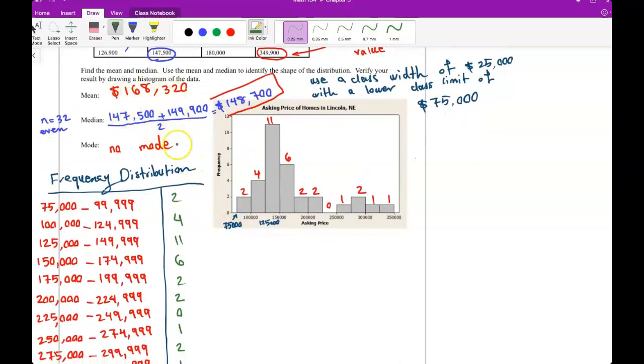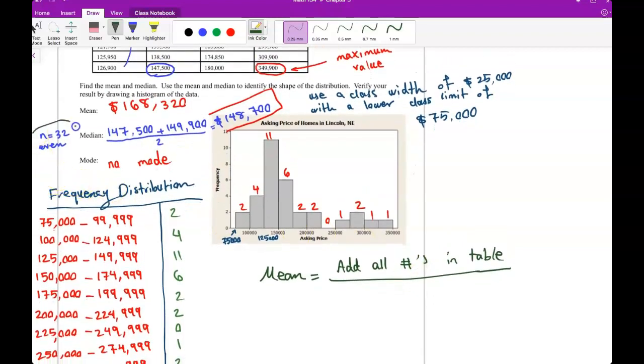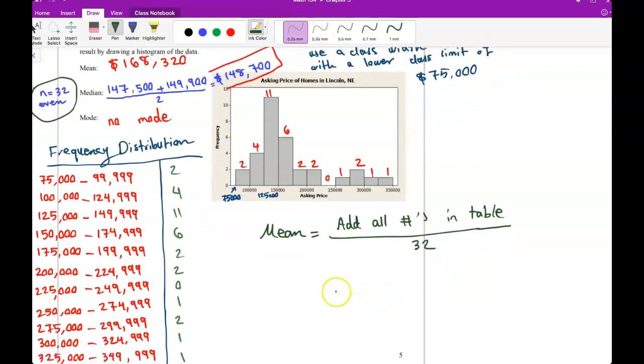And also I didn't write that one, I only explained, so let's write that one too. I will not write numbers, I'm just writing what the formula is. So add all numbers in the table divided by the number of observations, in total we had 32. Divide by 32.